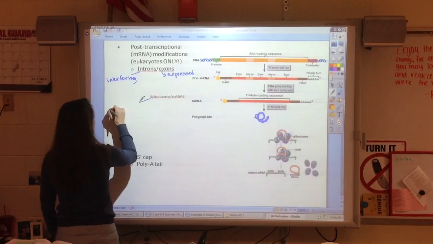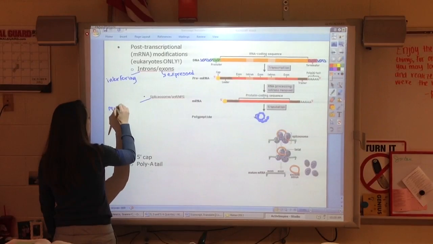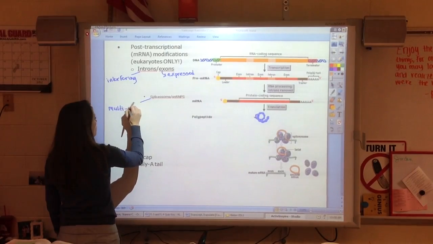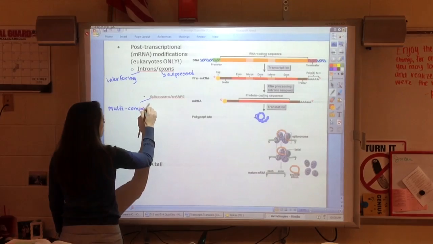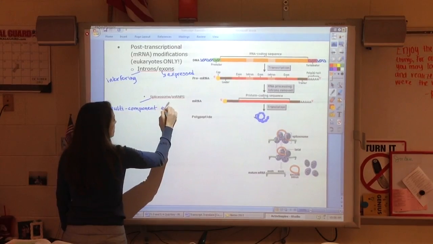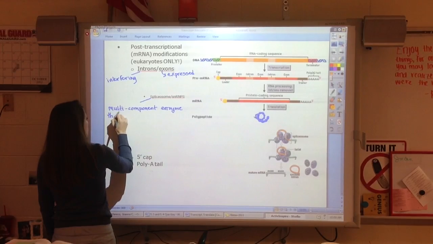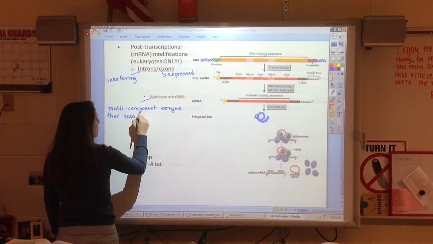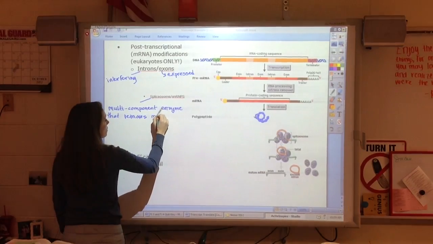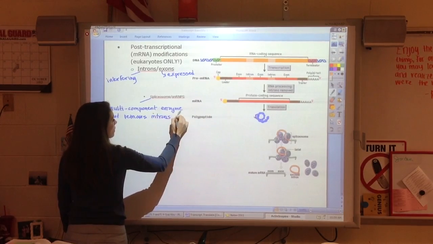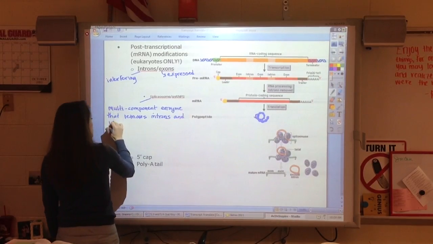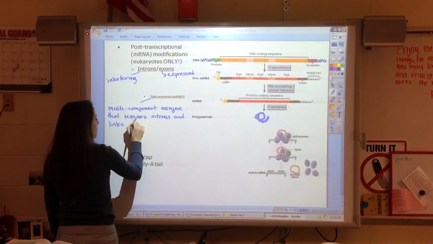So a spliceosome is a multi-component enzyme that removes introns and links exons.